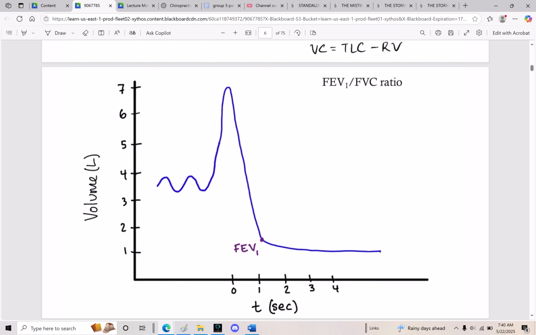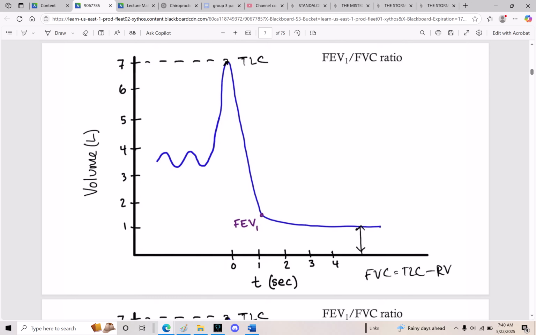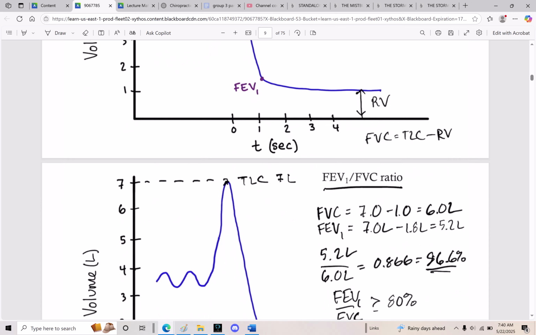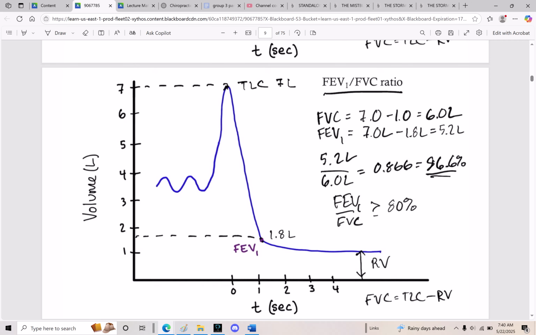So I'm giving you some numbers here, and I'm just going to go over them with you. Assuming the forced vital capacity is 7 liters, and you have 1 liter remaining. You have to take what remains in the lungs out of it, because remember, minus, you're going to get a 6.